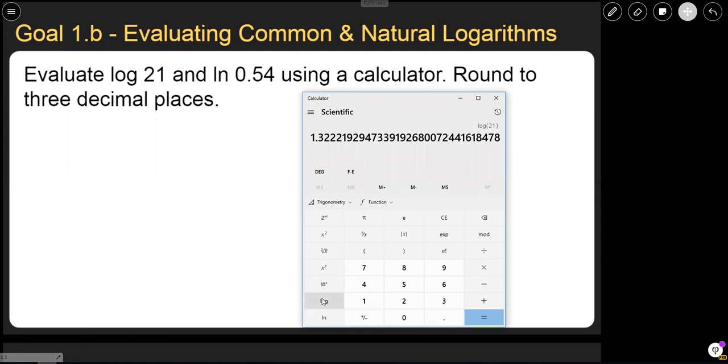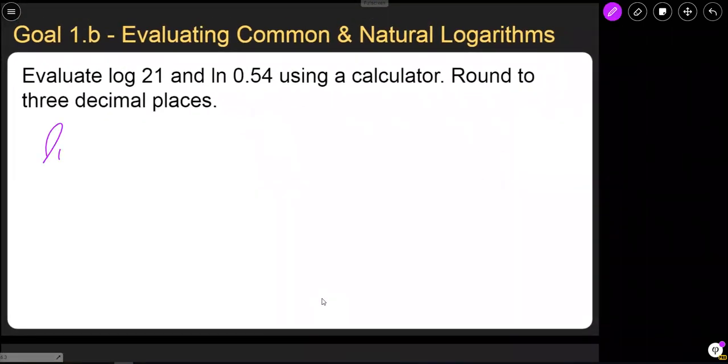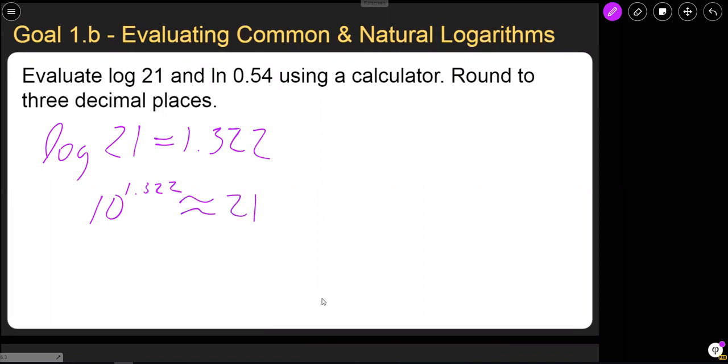If I round that, log 21 is 1.322. So in other words, 10 to the 1.322 power should approximately equal 21. That's all that's saying.